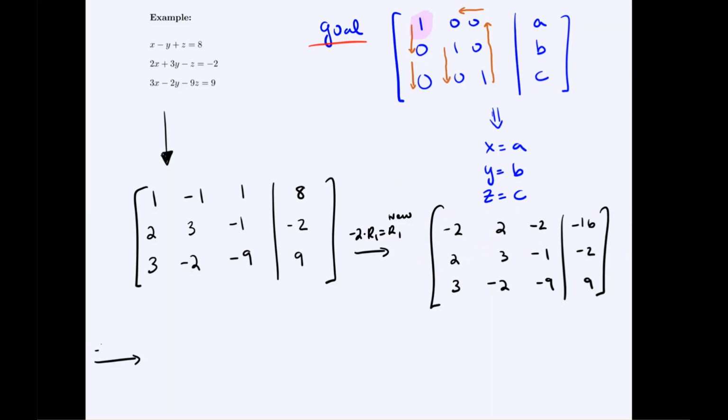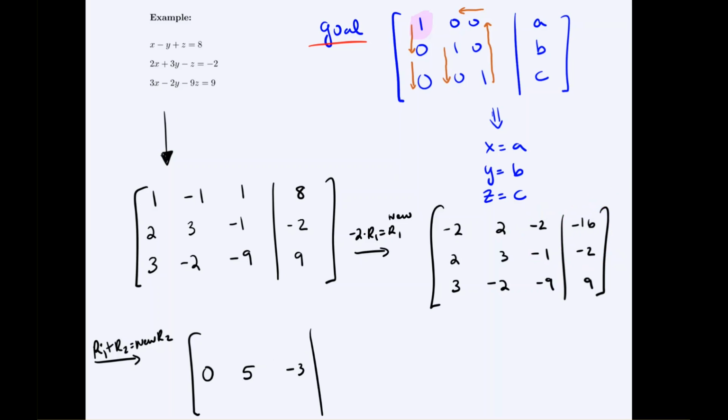So I'm now going to say row 1 plus row 2 is new row 2. So we'll add these term by term. Negative 2 plus 2 is 0. 2 plus 3 is 5. Negative 2 plus negative 1 is negative 3.